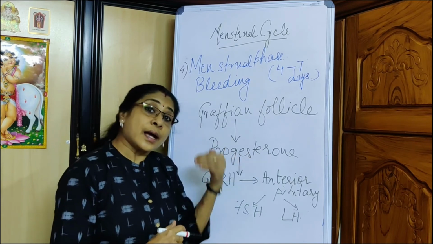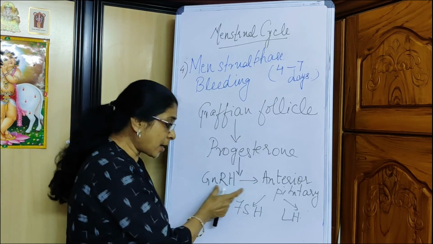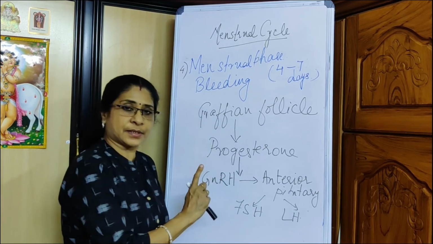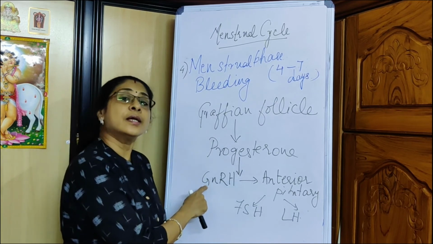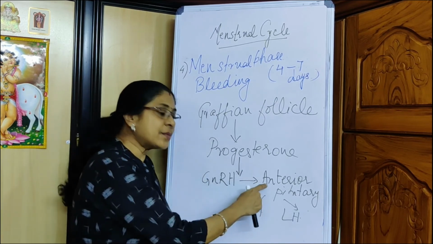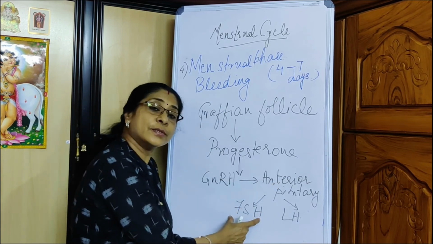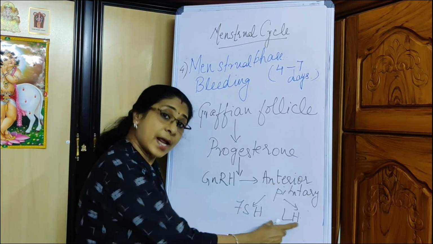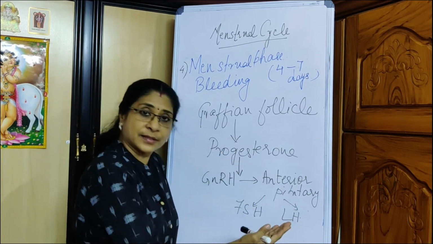When there is a reduction in progesterone, this feeds back on the hypothalamus, and the hypothalamus once again starts producing GnRH, which stimulates the anterior pituitary, and the anterior pituitary now starts producing FSH and LH, and that again initiates the next menstrual cycle.